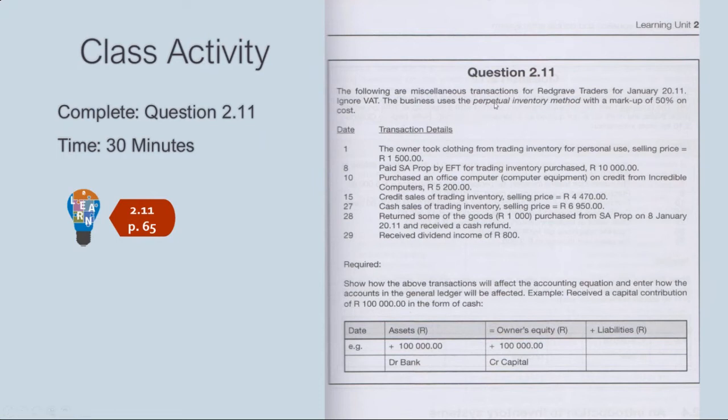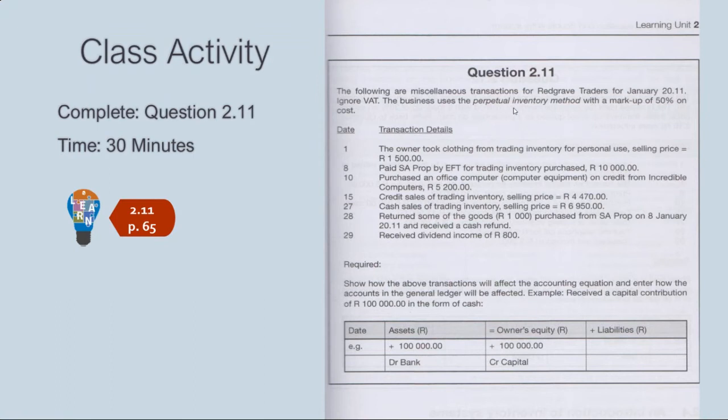And what inventory system are we using? Okay, so perpetual inventory. Where do we take perpetual inventory? If we have an inventory account, inventory we've purchased, where do we take it? Okay, so let me repeat that.